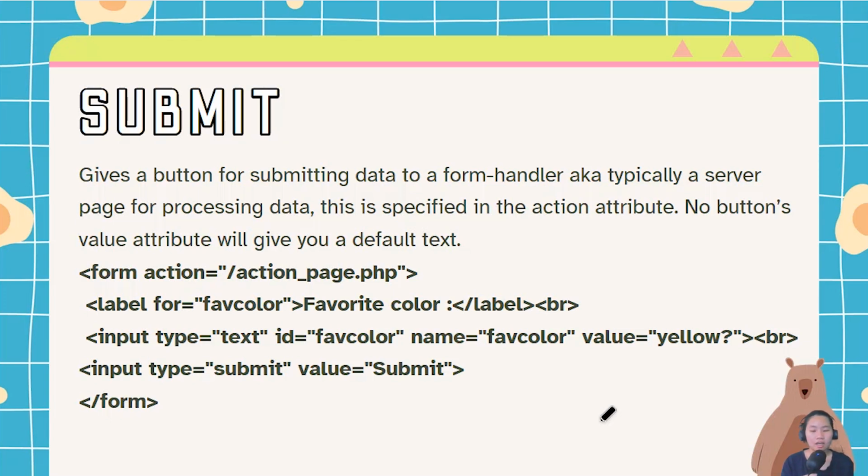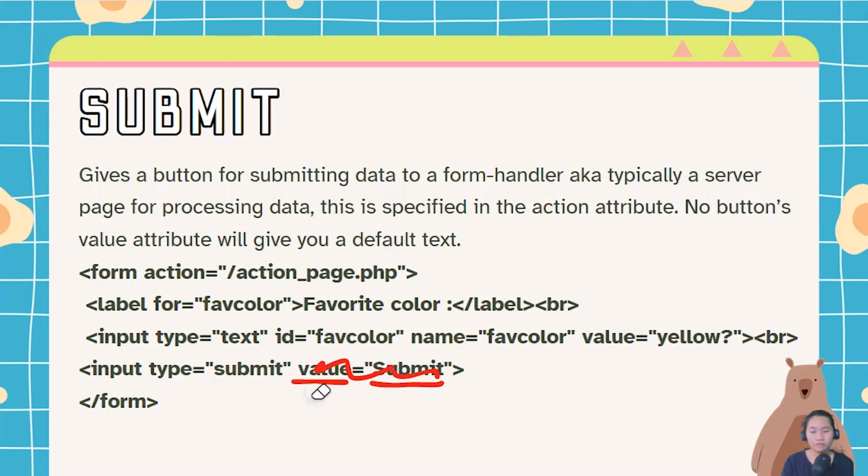Now, I also want to remind you the input type for submitting has a value over here, and the value I put here is submit. So this is a custom value. This is not a default one. If you omit this completely, it will give you a default text, which we'll see in a little bit, all right?